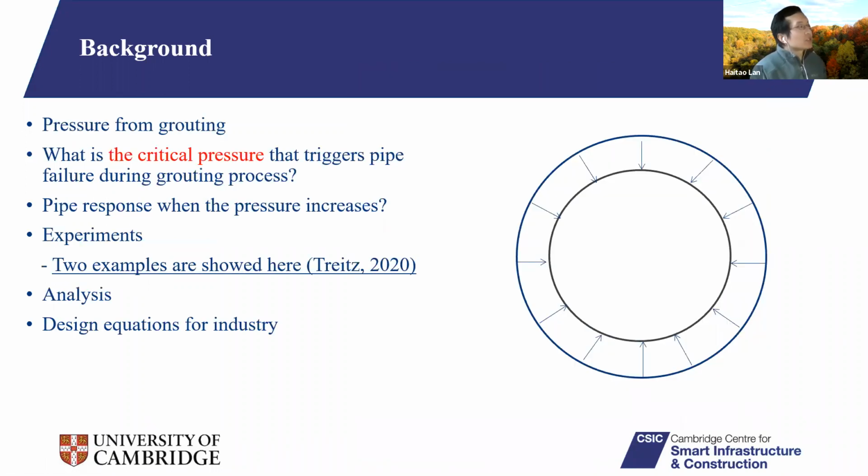Engineers were curious about when we grout that annular space, what is the critical pressure that triggers the pipe failure during this grouting process? And what's the pipe response when this pressure increases? There are two phases. In phase one, my colleague Josh Chates, who finished his master's in January 2020, finished two tests.